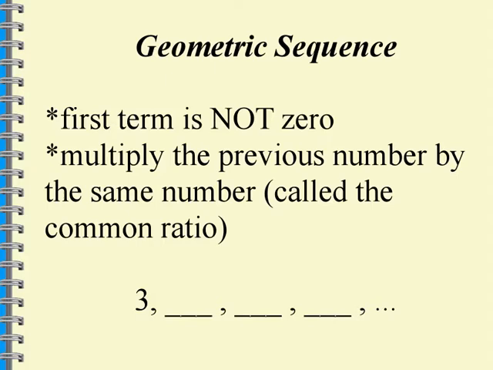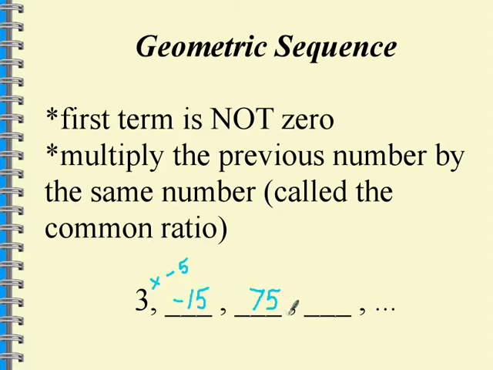For example, if I have 3 and we multiply by -5, the next number would be -15. The next one would be 75.